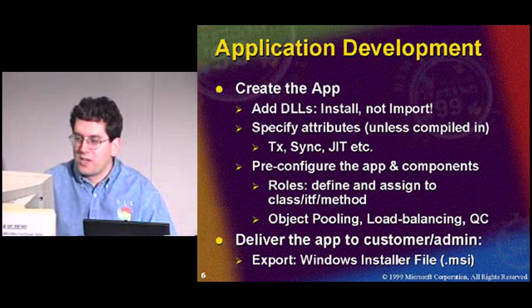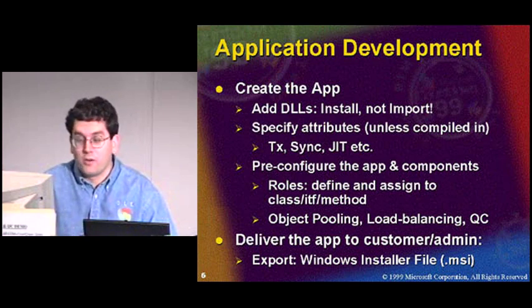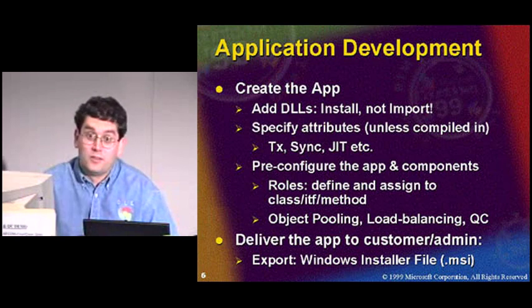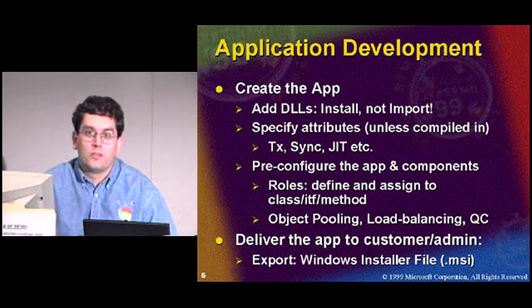Once the components are added, attributes need to be specified unless they're compiled into the component. Currently only the transaction attributes can be specified in VB6, for example, or in other languages. With self-describing components, more attributes will be specifiable. Today, in most cases, these attributes have to be specified after the component creation time.